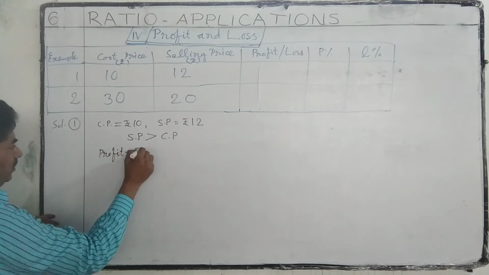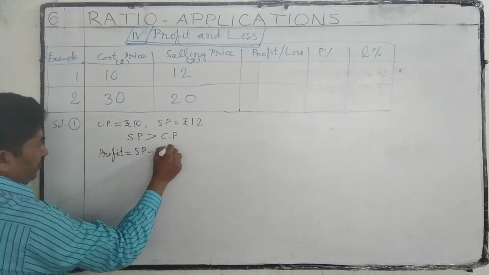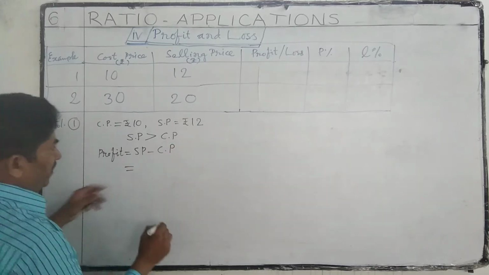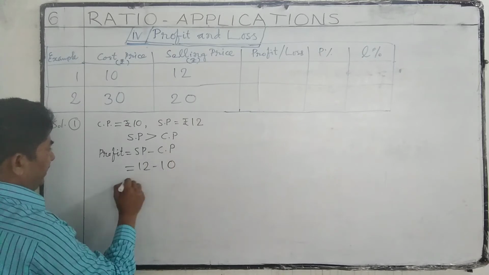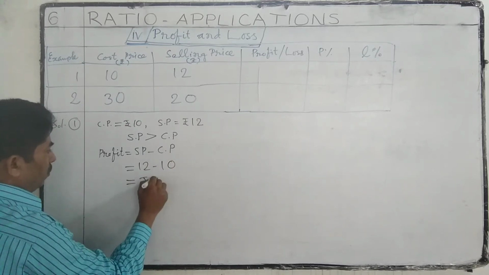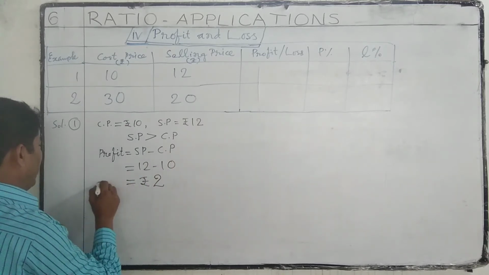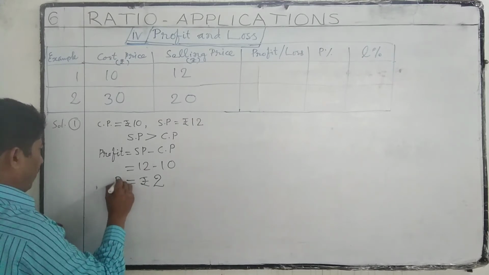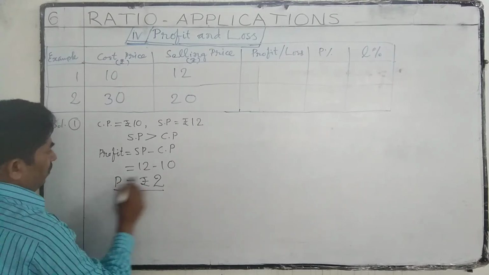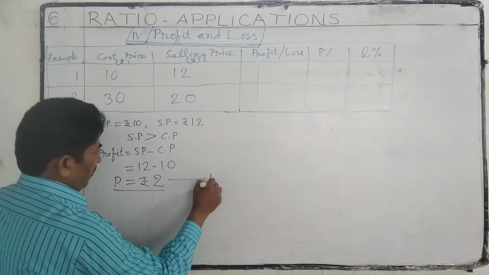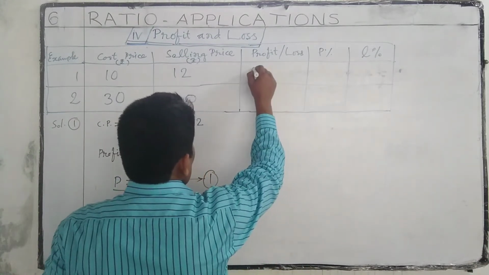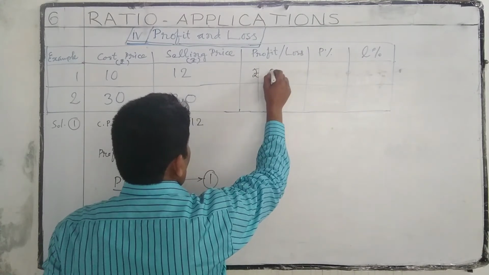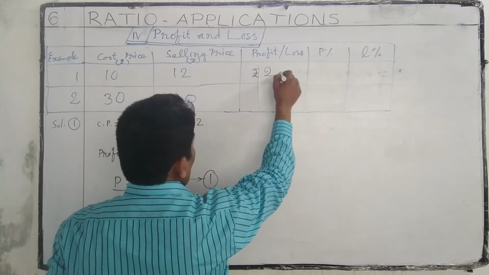Profit is equal to selling price minus cost price. 12 minus 10 is equal to 2 rupees. Profit is 2 rupees.